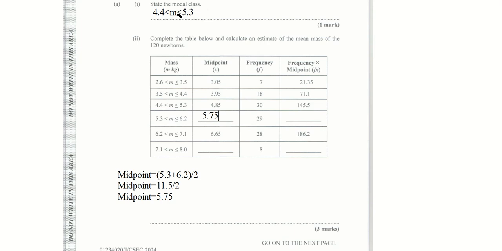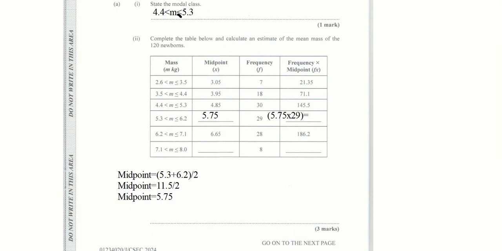5.75. Right, and then we know that f of x would be your frequency multiplied by the midpoint. So that is equal to 5.75 multiplied by 29, close bracket.